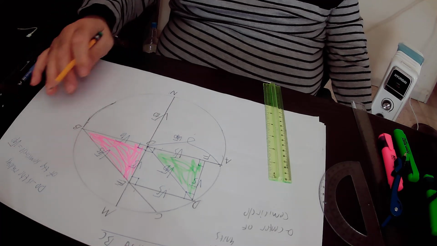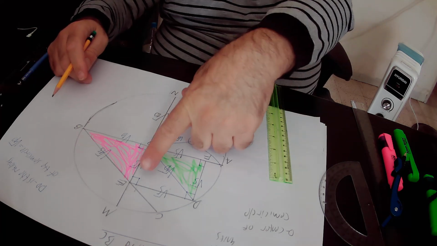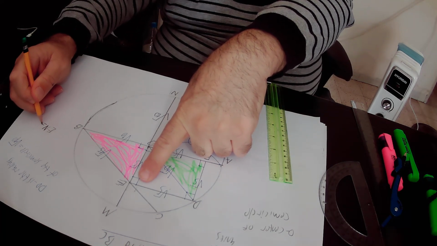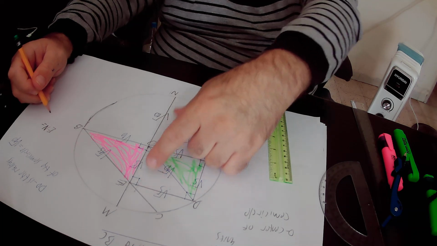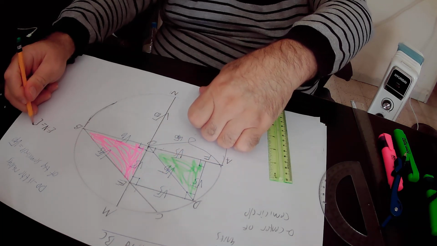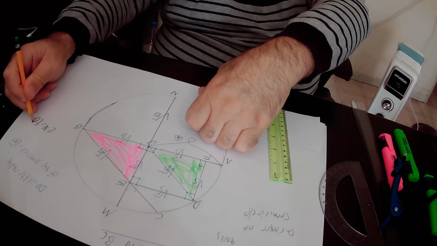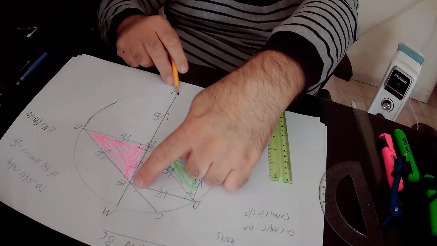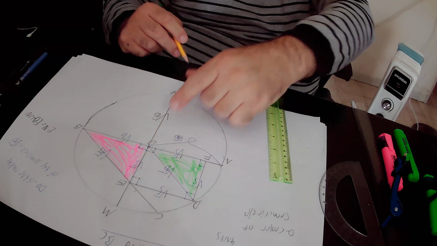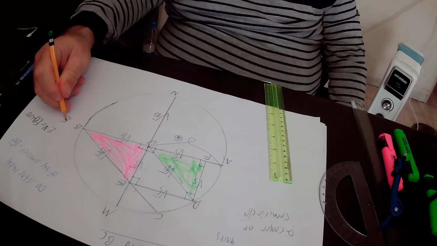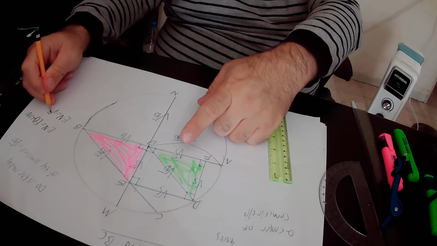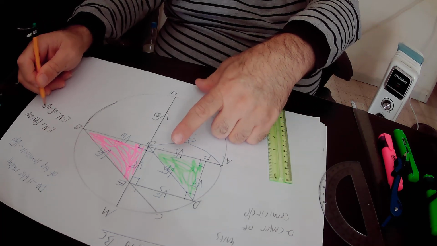Okay, so what is the length of EN? EN equals EO plus ON. That is to say, EN equals EO, which is the square root of 5 units, plus ON, which is the square root of 10 units.